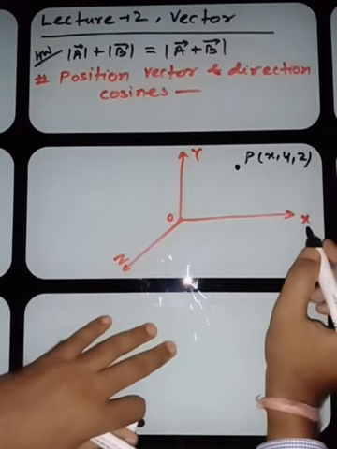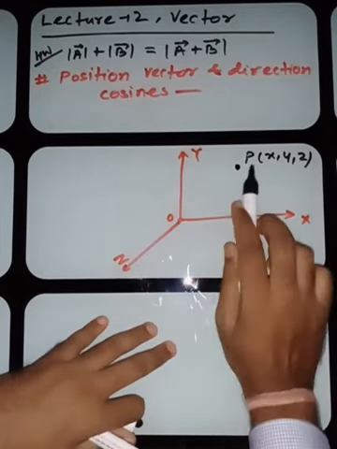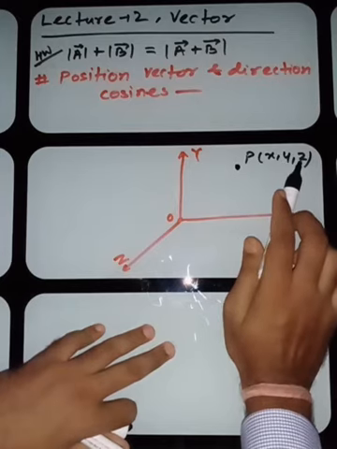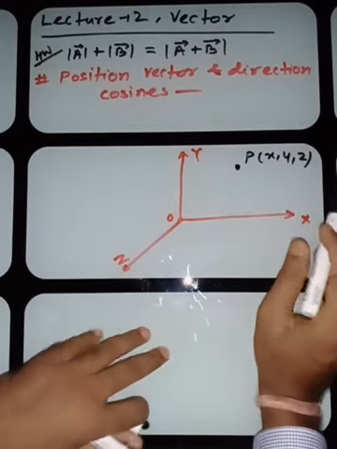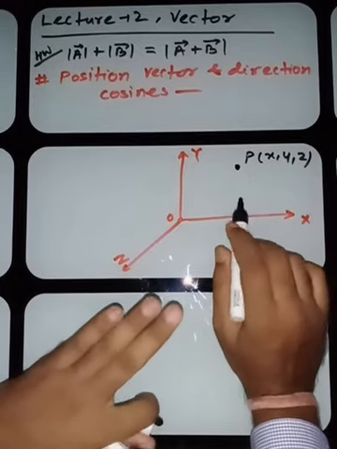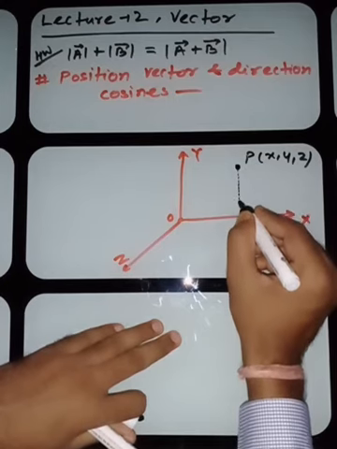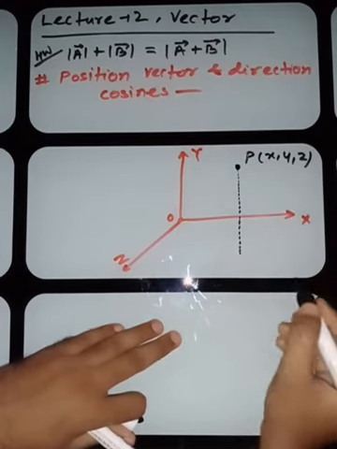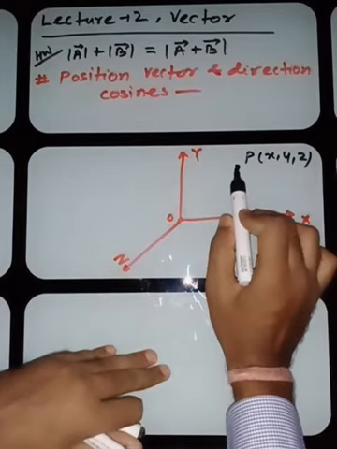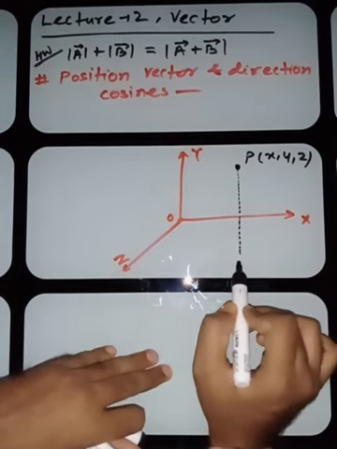What does it mean? To reach this point P from origin, we have to move x unit along x-axis, y unit along y-axis, and z unit along z-axis. This point P is in space. Let me draw it so that you feel it is in space. This point is directly, the perpendicular not touching the x-axis, actually it is in space.